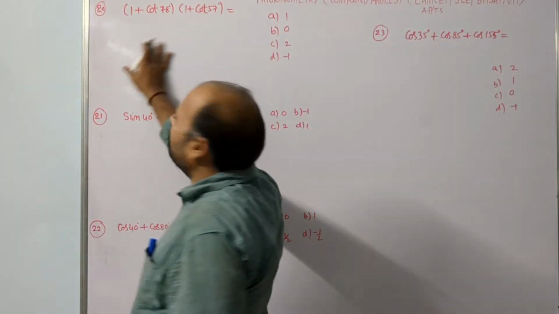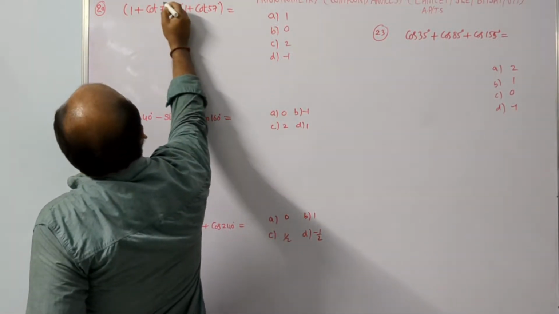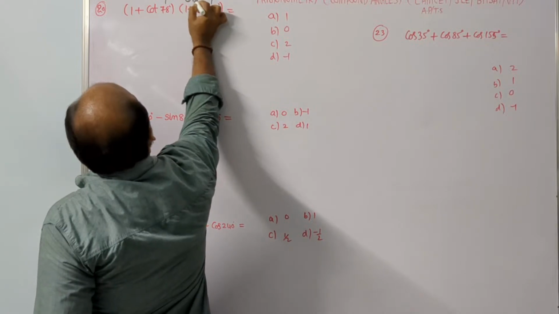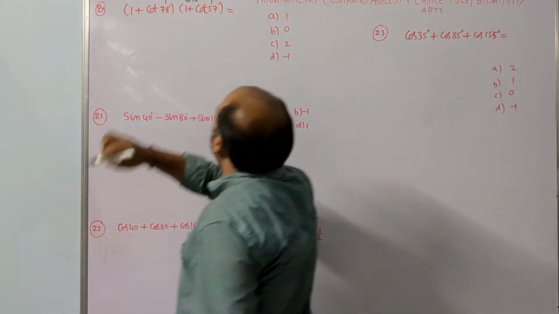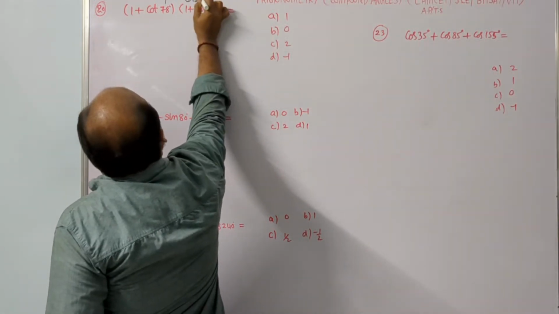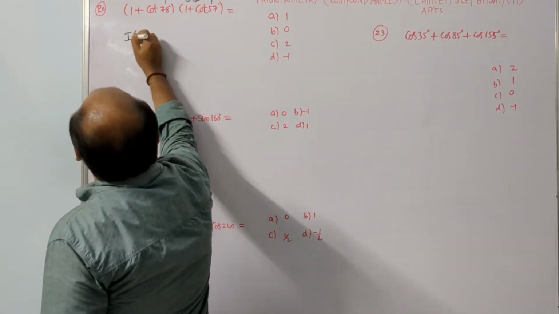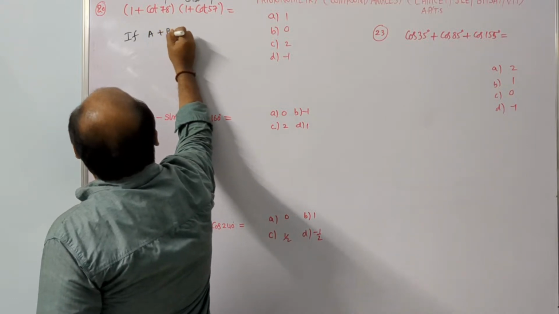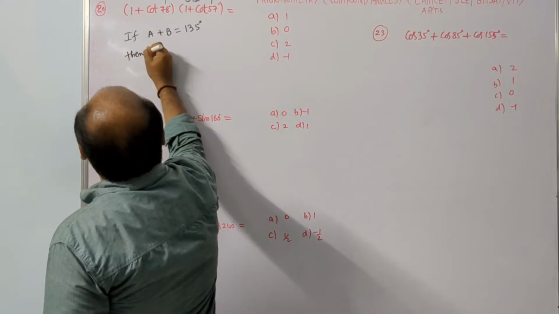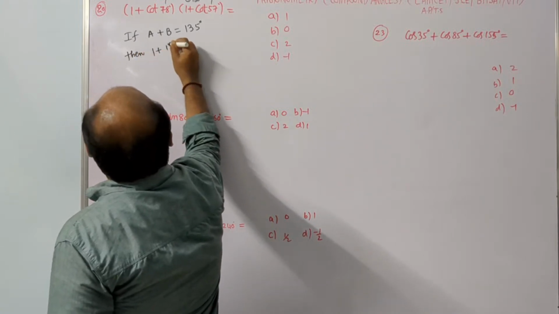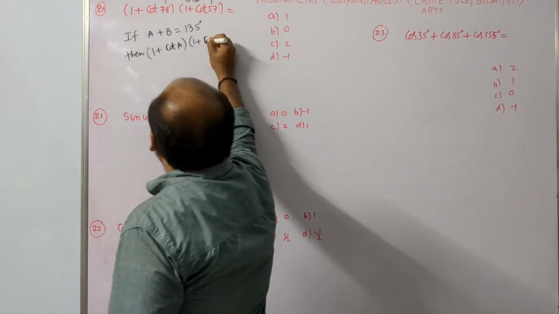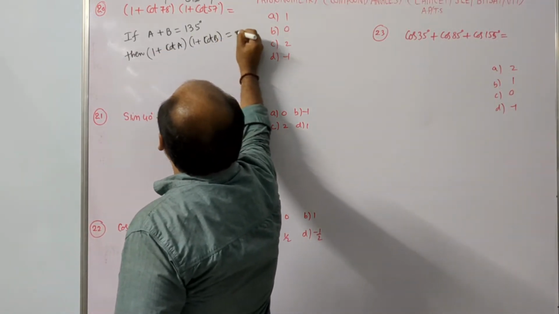Here, no need to prove this. 78 degrees plus 57, is it equal to 150 degrees or not? 135, sorry. 135 degrees. That means, if A plus B is equal to 135 degrees, then 1 plus cot A into 1 plus cot B is equal to 2.